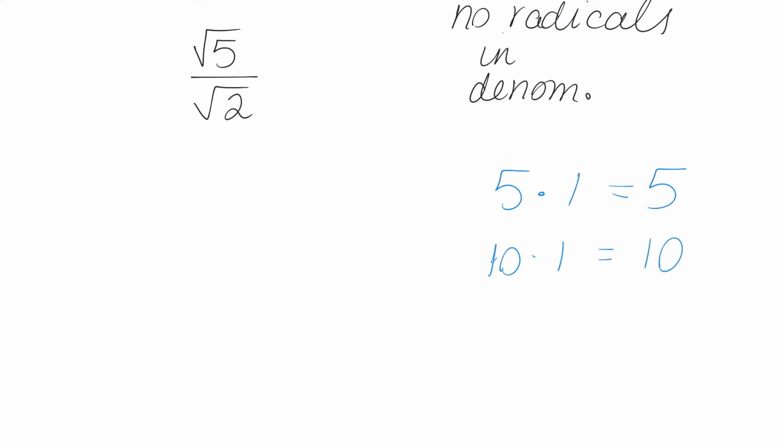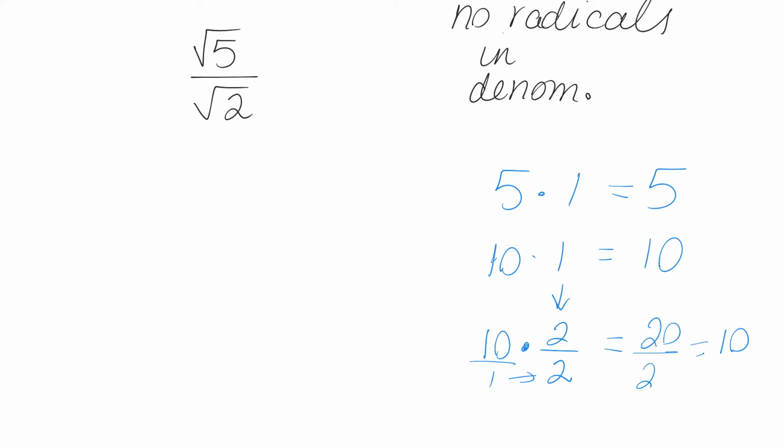Well, aren't there other ways that we can write a 1? Can't I write 1 as like 2 over 2? So if that's true, then I can multiply 10 times 2 over 2, and I should still get 10. If I do that, 10 times 2 is 20, and 1 times 2 is 2, and 20 divided by 2 is 10.